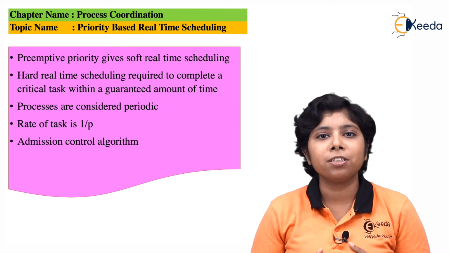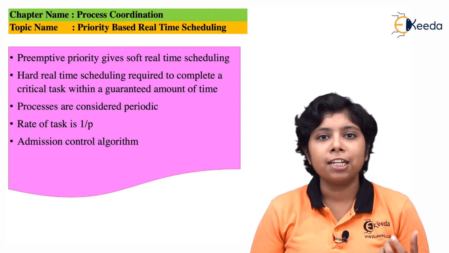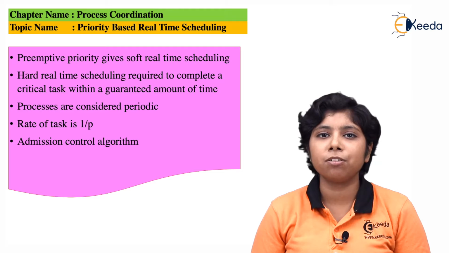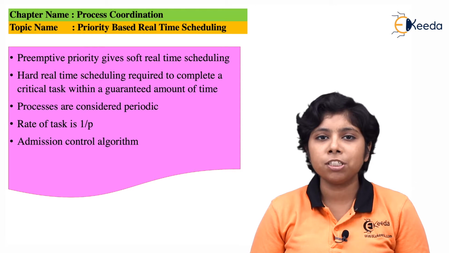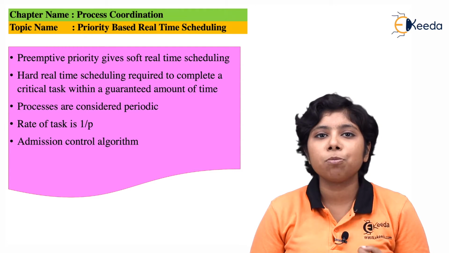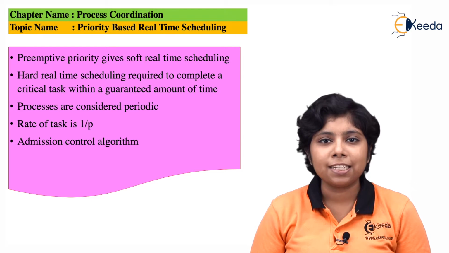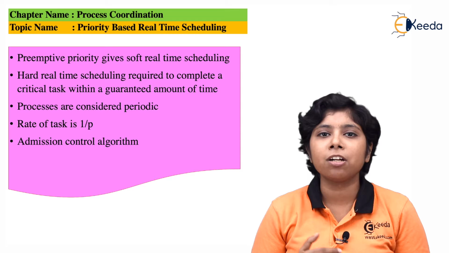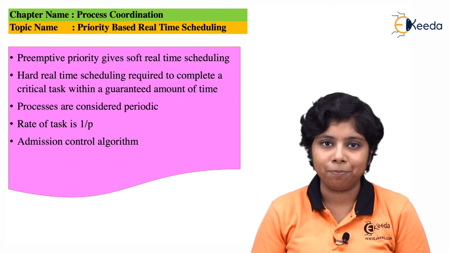Before the process is scheduled, there are some defining characteristics of the process which are to be determined. The first one is that the process needs to be periodic. That is, the CPU bursts of a process should recur at a constant interval of time.